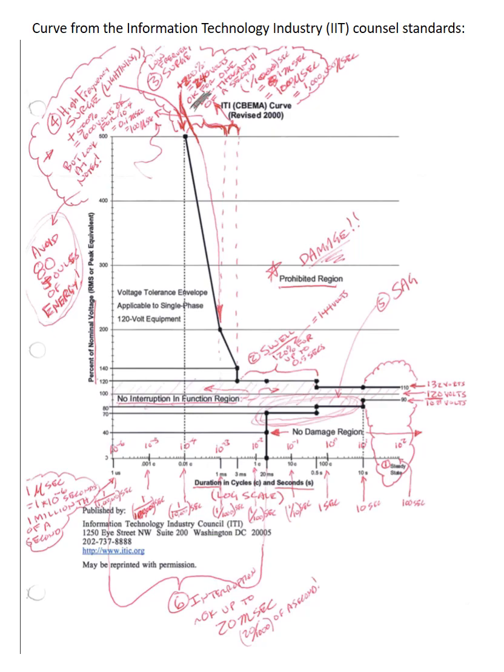So what you see on the right hand side here, it says 120 volts written in red. That's the RMS, or root mean squared, the voltage that you want to have as your baseline, what you're expecting. Now you can handle a certain deviation from that without any loss of function. And what you see on the x-axis is the duration that you can withstand a certain problem.